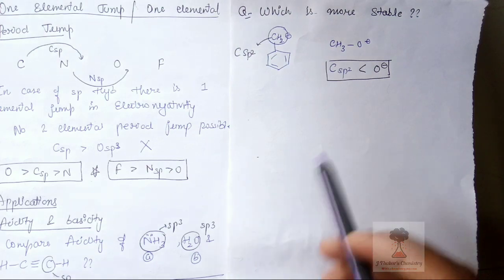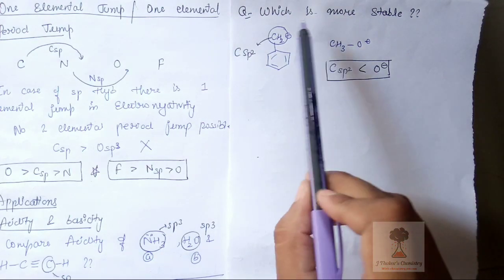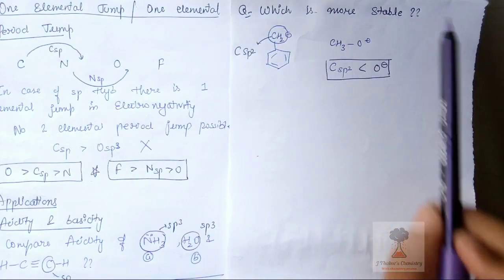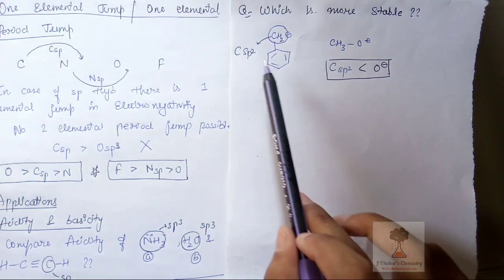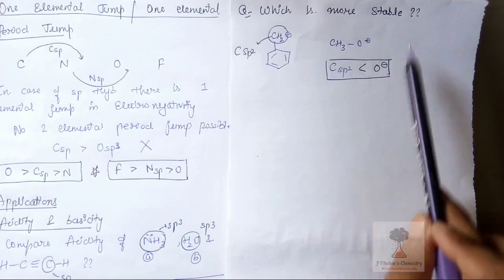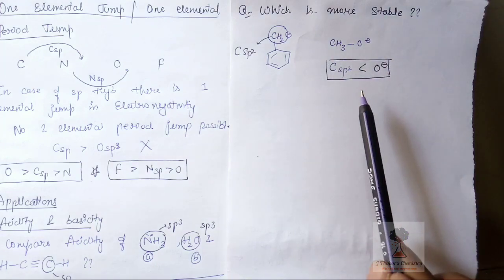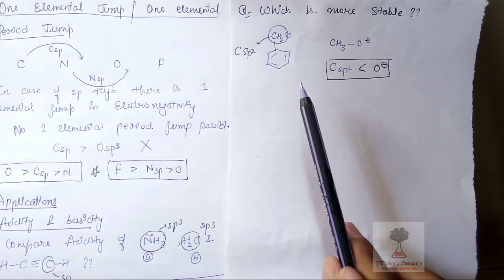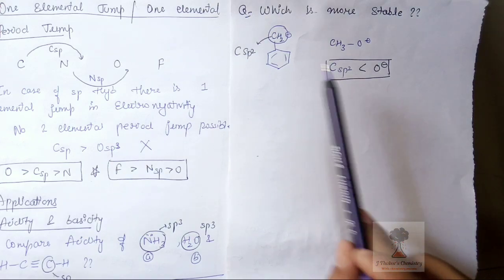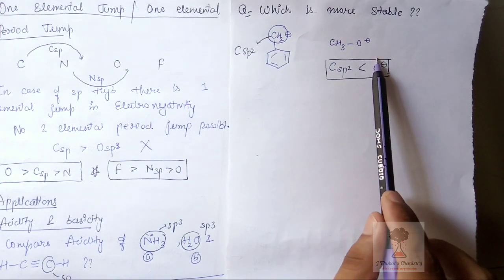Now let's move on to our second question: which is more stable? Here we have two compounds, the first one is this and the second is this compound. To check the stability, firstly we have to check the elemental electronegativity of this hybrid carbon and oxygen.